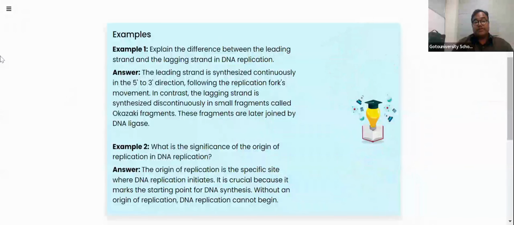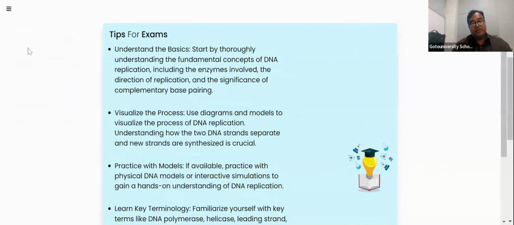Now we are entering the important tips for the exam. Terminology: DNA polymerase, primer, Okazaki fragment, parental strand, daughter strand, leading strand, lagging strand, continuous strand, discontinuous strand.